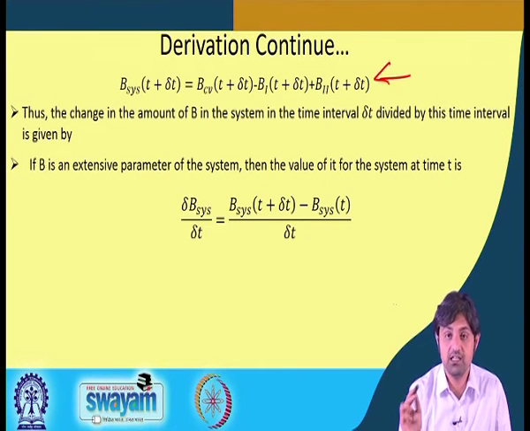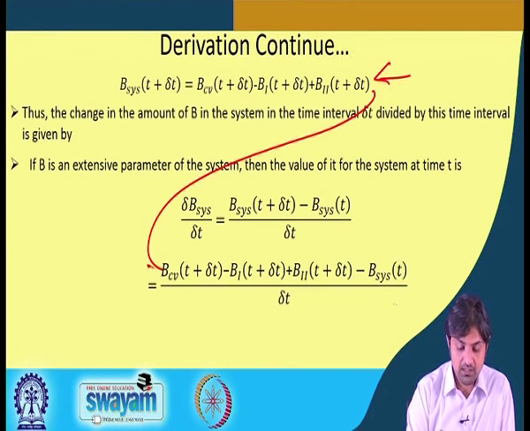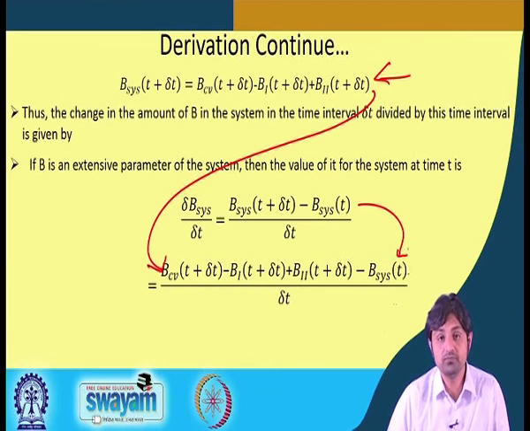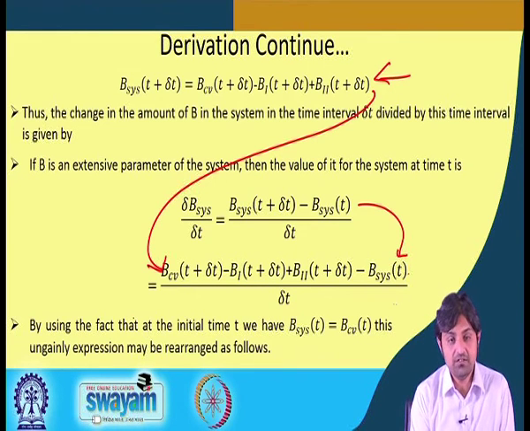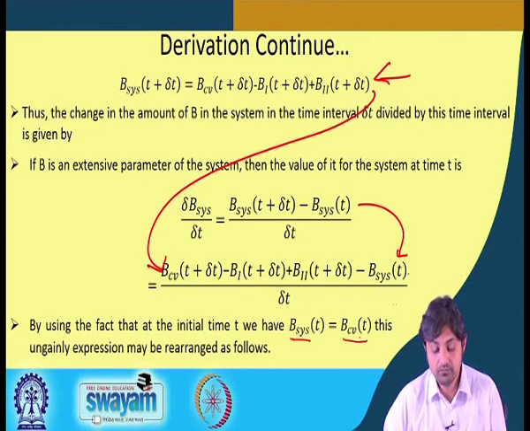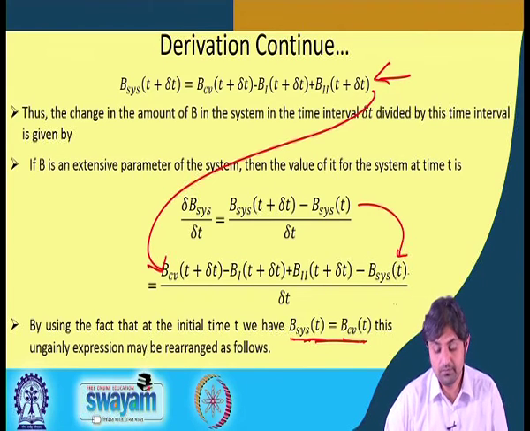B system at t plus delta t is coming from here, minus B system at t, this remains the same, by using the fact that at initial time t we have B system at t equal to B control volume at t. This is what we saw in the last slide, correct?